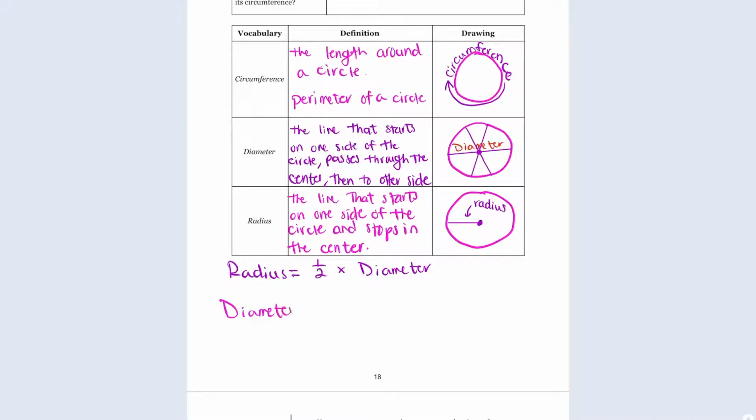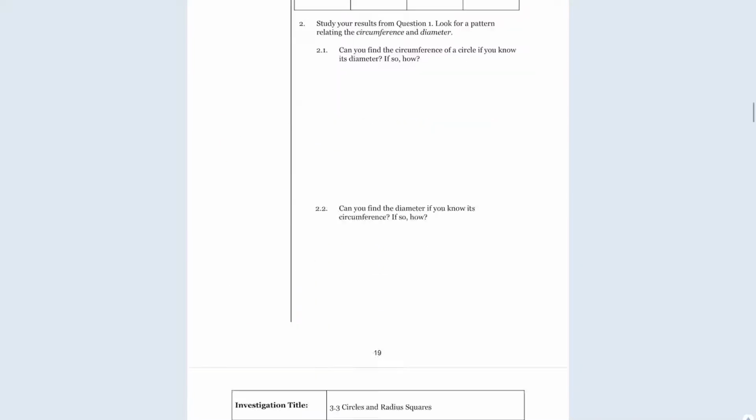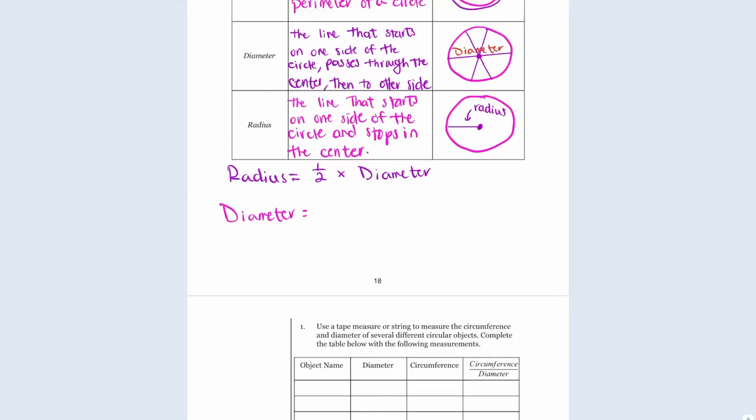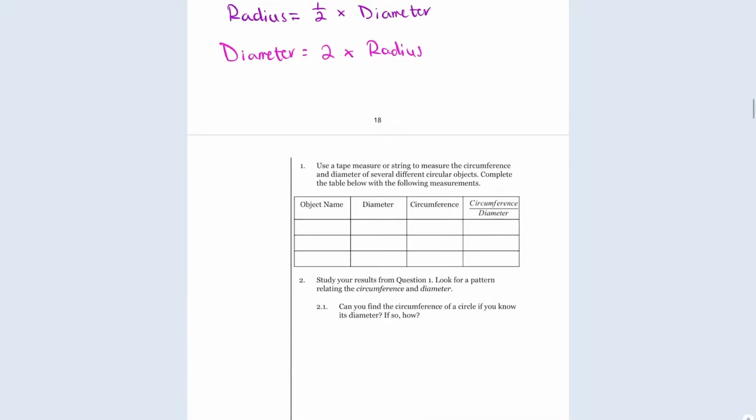How is the diameter related to the radius? Well, you're just doing the opposite. Instead of dividing by 2 or multiplying by 1/2, this time you're multiplying by 2. So diameter equals 2 times your radius. So you can always go back and forth from radius to diameter or diameter to radius, whatever you need to help you answer the question.